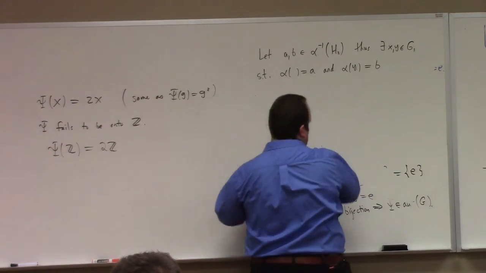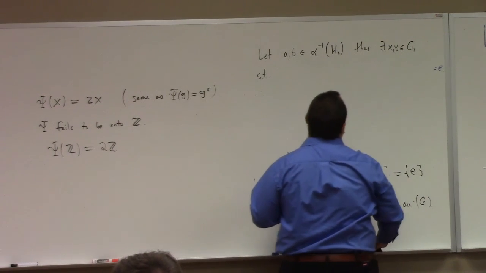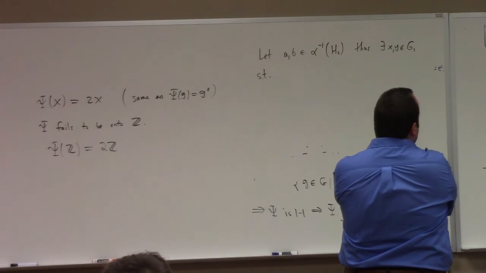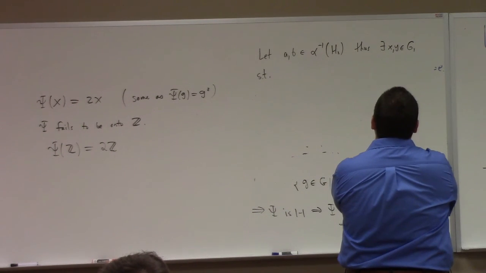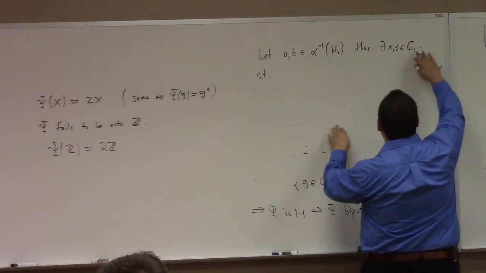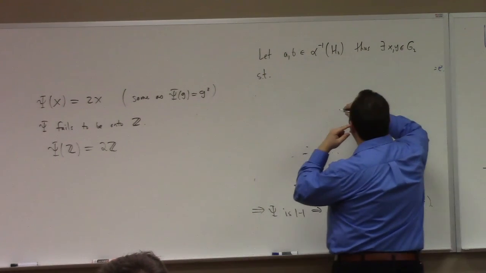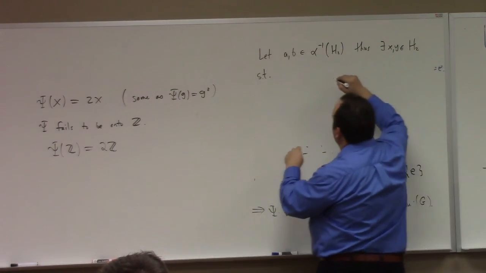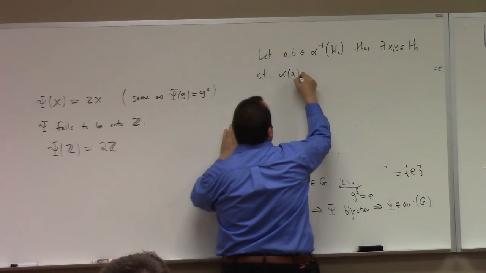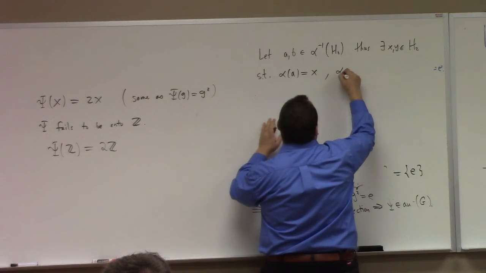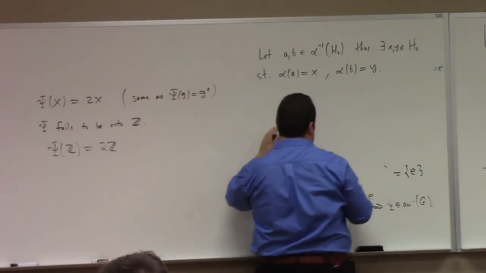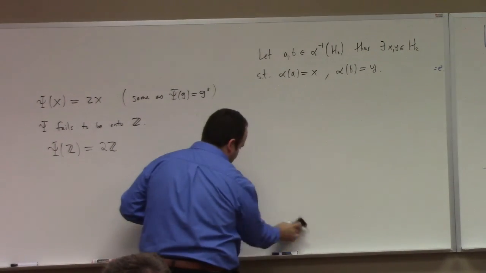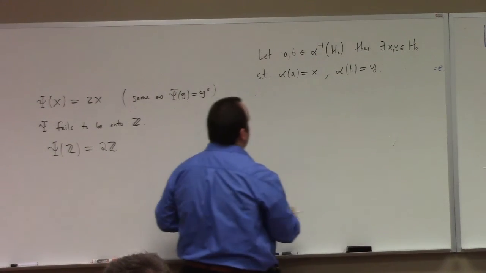So I want x, y in G2. Well, no, these are in H2, right? Such that alpha of A equals x and alpha of B equals y. Have I now finally escaped my lecture-induced stupidity? No, maybe, I don't know.